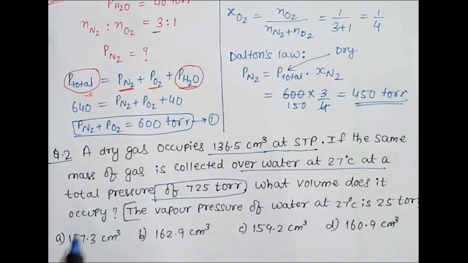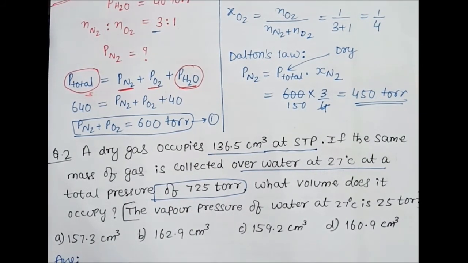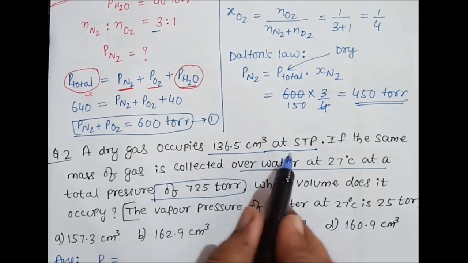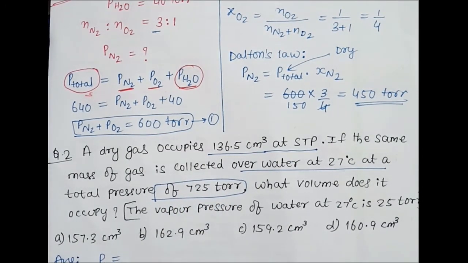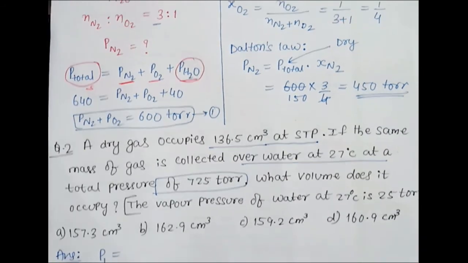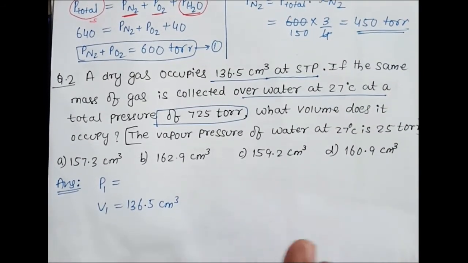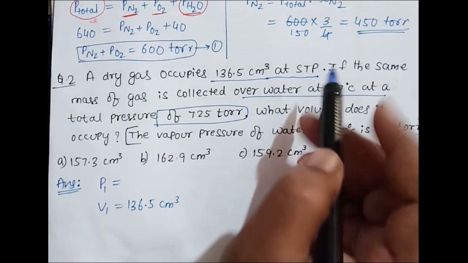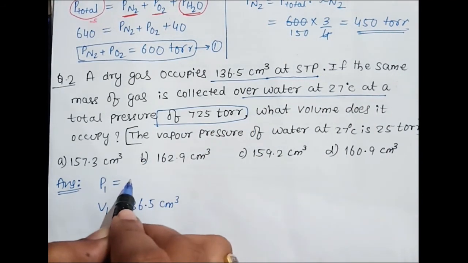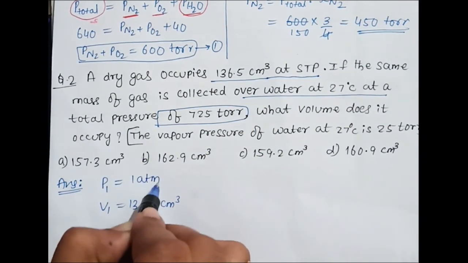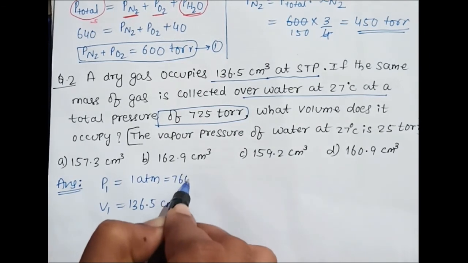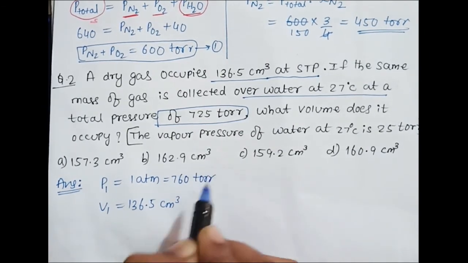So here the initial volume, P1 we will write V1 is equal to 136.5 centimeter cube. Now the pressure, it is said STP. So STP pressure you know, which is 1 atm, and the question is in torr, so we will write 1 atm is equal to 760 torr.